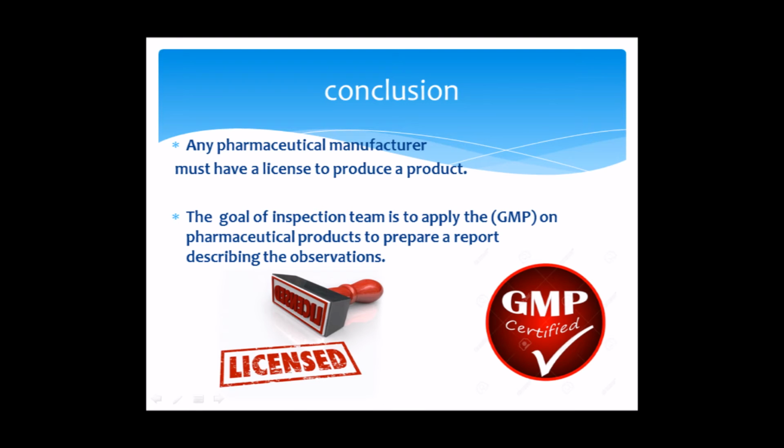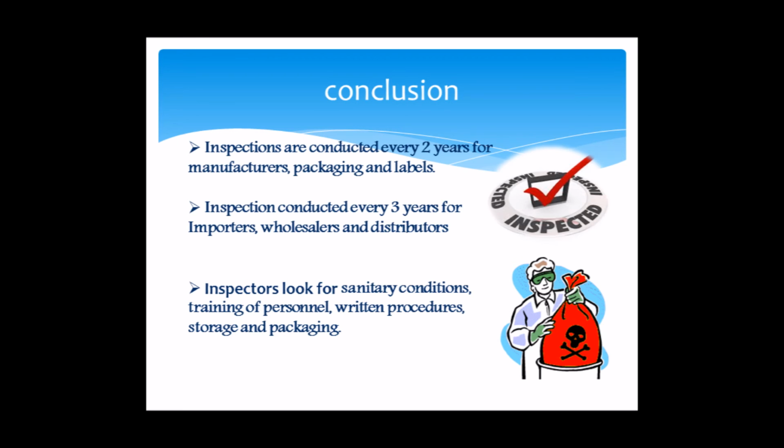To conclude, any pharmaceutical manufacturer must have a license to produce a product. The goal of the inspection team is to apply good manufacturing practice on pharmaceutical products and to prepare a report describing the observations. Regarding the times of inspections, it is conducted every 2 years for manufacturers, packaging, and labelers, and every 3 years for importers, wholesalers, and distributors.